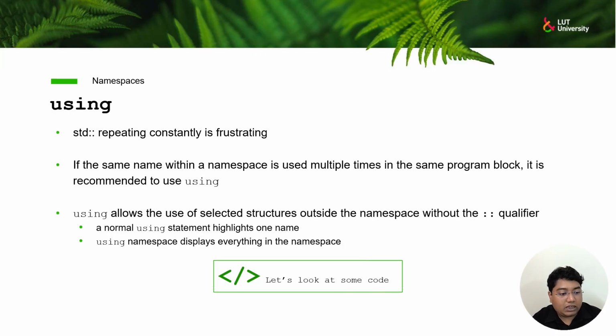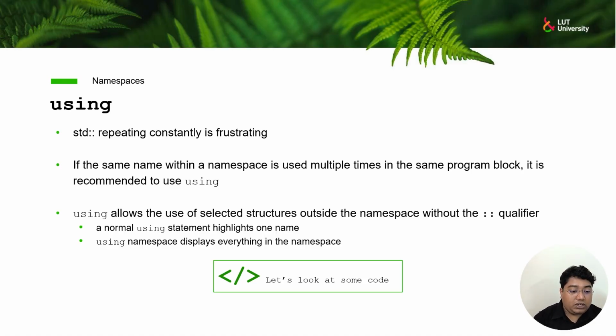Typing std:: in front of every single cout and every single endl, every string, gets really tiresome really fast. And I won't pretend otherwise, because it can sometimes get really tiresome. So that's what using is for.